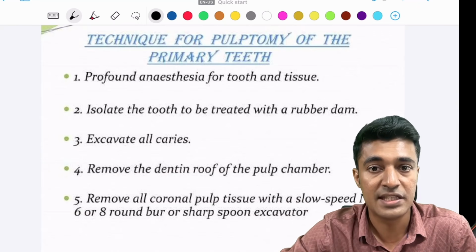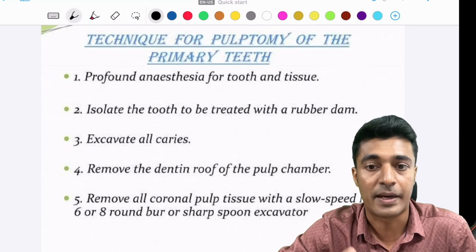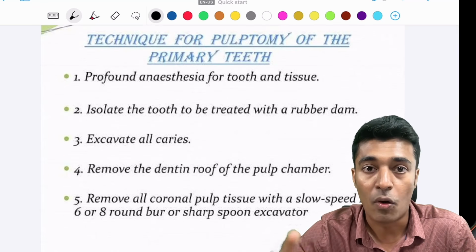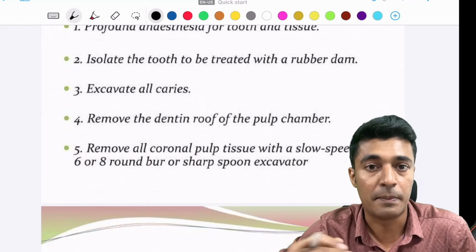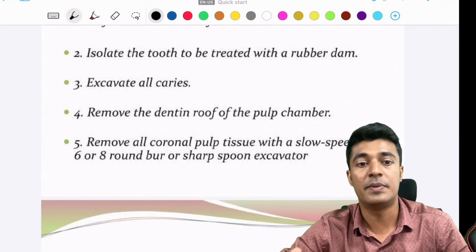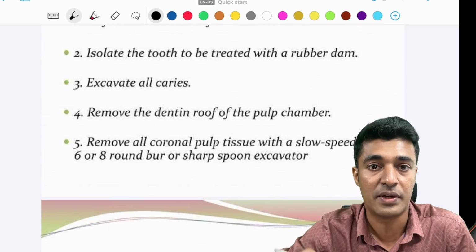So coming to the technique for pulpotomy of the primary teeth. First, anesthesia of the tooth and the tissue is required. Then isolate the tooth with the rubber dam. Excavate all the caries, remove the dentinal roof of the pulp chamber, then remove the coronal pulp tissue with a slow speed round bur. A number 6 or number 8 round bur or a sharp spoon excavator is advised.